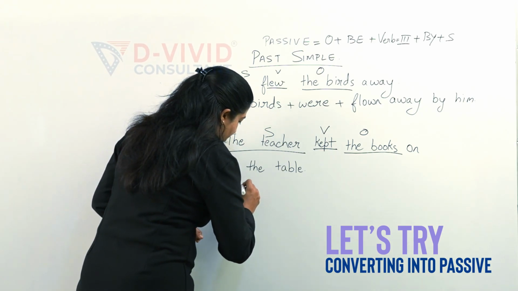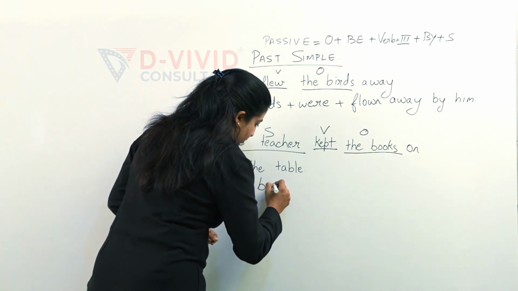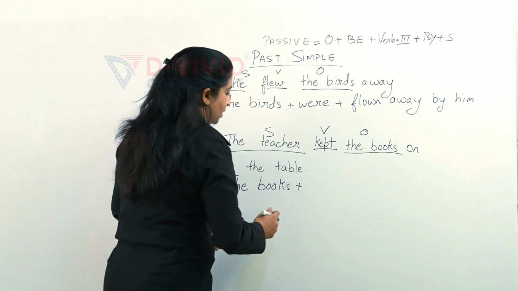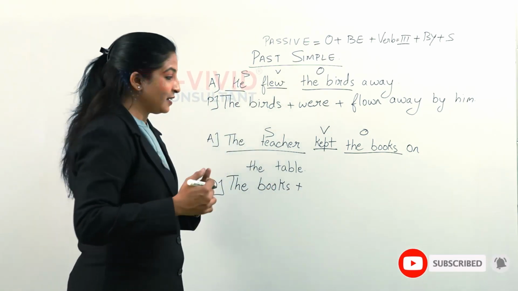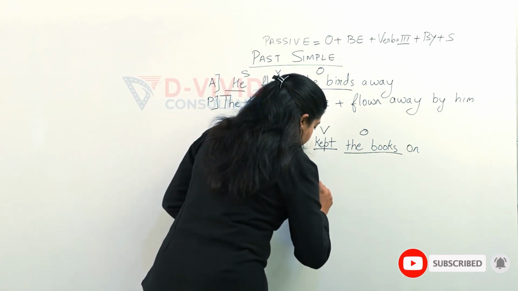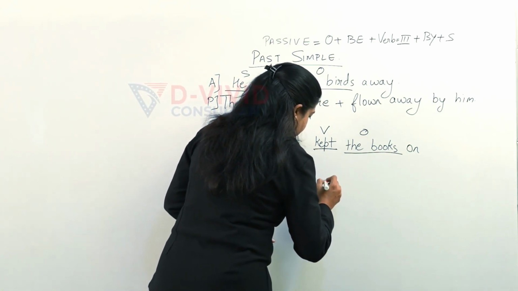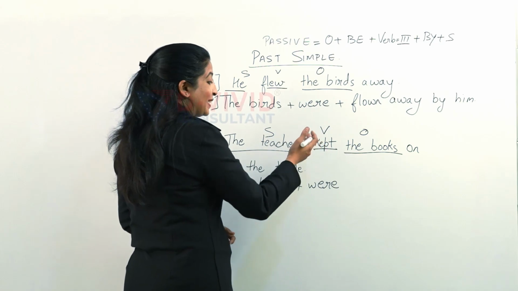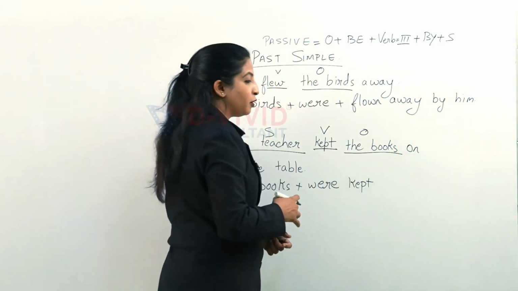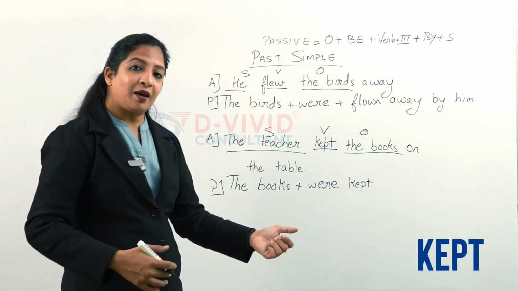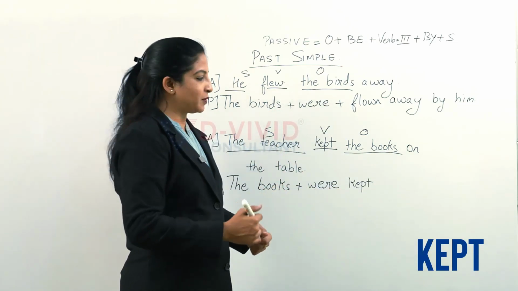So we have the books. Again we have books, which are plural, so we'll take were. The books were kept. The third form of keep is again kept: keep, kept, kept.